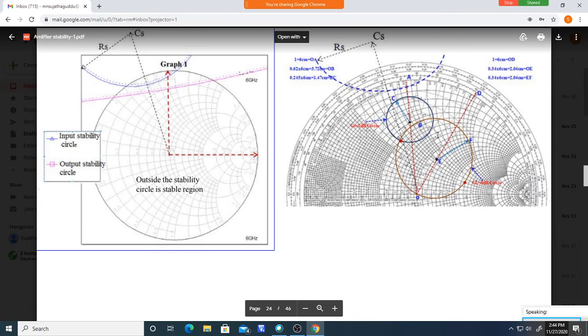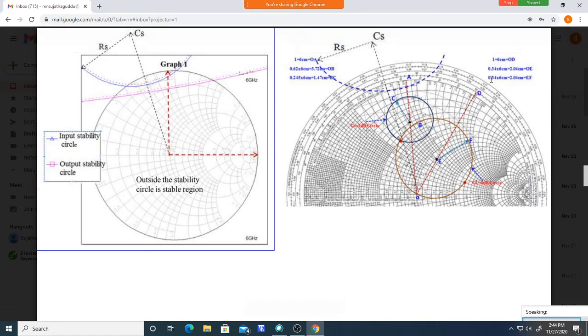Actually, what we have drawn is the constant 0 dB circle GL. Values inside the stability circle you cannot use, but outside it you can use. This circle lies outside the pink instability region. If you draw it, it will be somewhere like this.